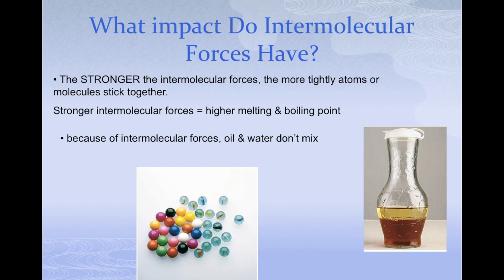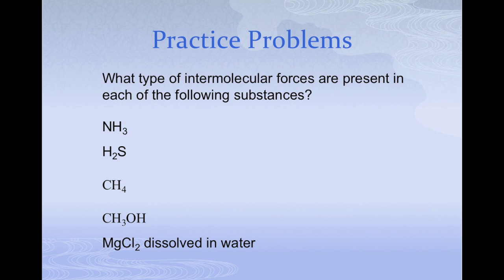Okay, now we're going to look at the intermolecular forces present in each of the following substances, just so you can start thinking about what is present in these molecules. And when you look at this information, then you have a better idea of how these molecules will behave. So NH3, or ammonia, has an N-H bond.